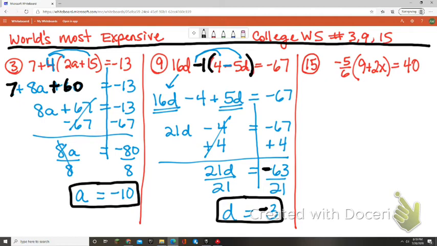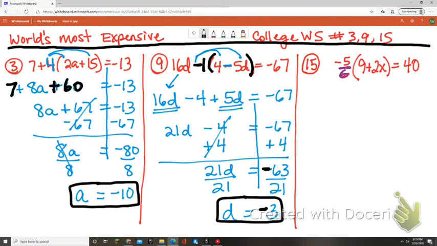Last but not least, with number 15. Again, there's lots of things that you could do to start this problem. But what I am going to do first is clear my fraction. So I'm going to get rid of the negative 5/6 rather than distribute it. I'm going to look at this and say, all right, when I look at this problem, I see a divided by 6 right here.